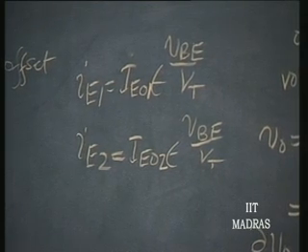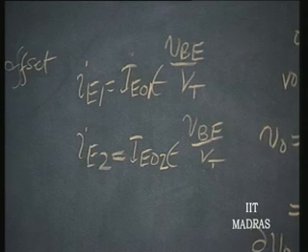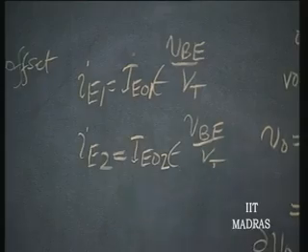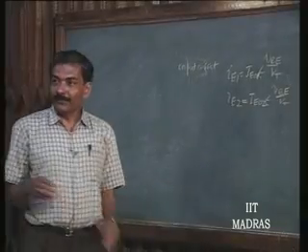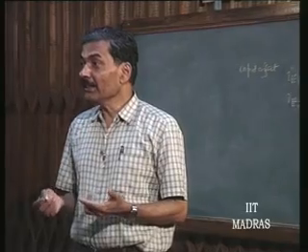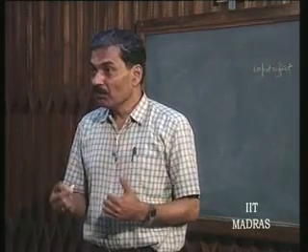Then there is going to be an output offset voltage because of this. So, what is it that causes output offset voltage? The difference in the two transistors, and that is resulting in an equivalent differential mode signal.